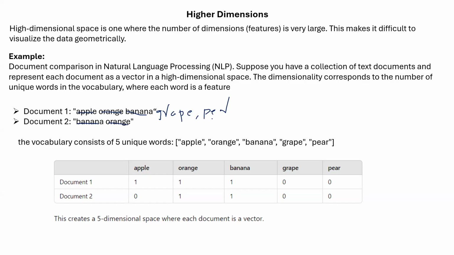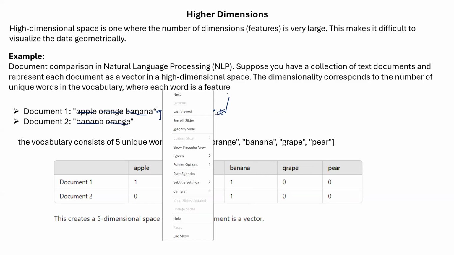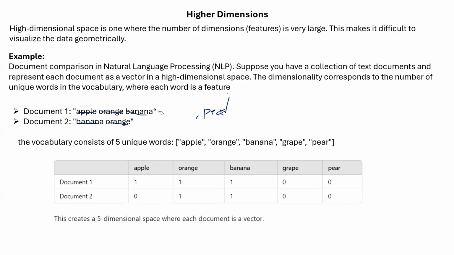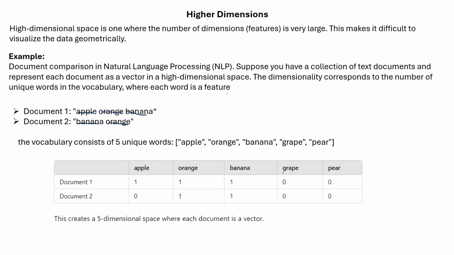Let's say I take a third document, and I would say that document has two other fruits: grape and pear. So these two are there in my third document, right?